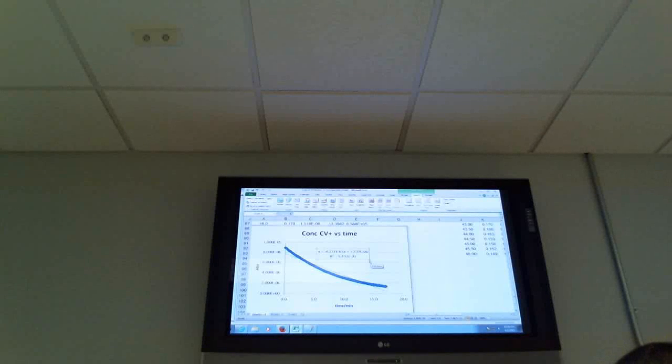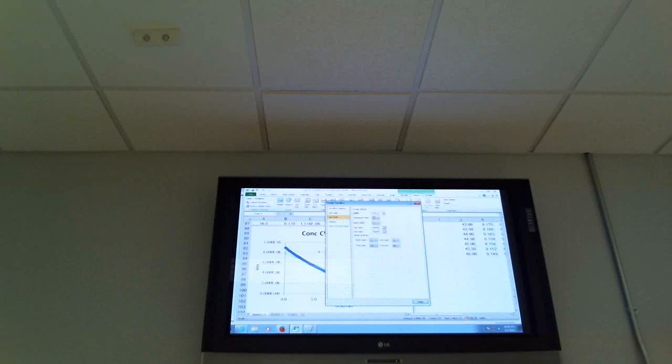If you look at the R squared, an R squared value of 1 means it's a perfect fit. And so a perfect fit would be all the blue data points matching perfectly with the black line. Is this a perfect fit? I'm going to make the line thicker.